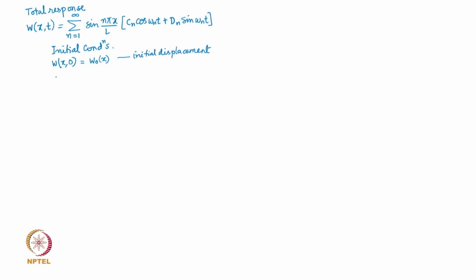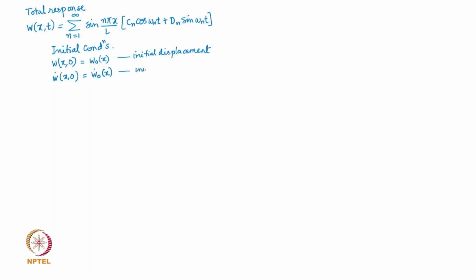The second initial condition would be W dot of x comma 0, which is at time t equal to 0. What is the velocity value at each spatial position x of the string? So this I define as W naught dot of x.